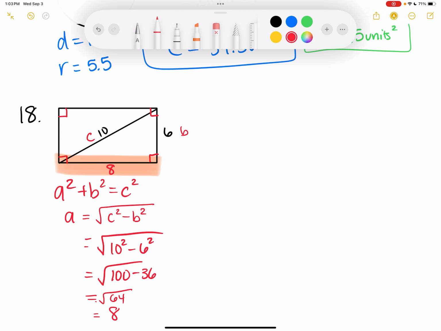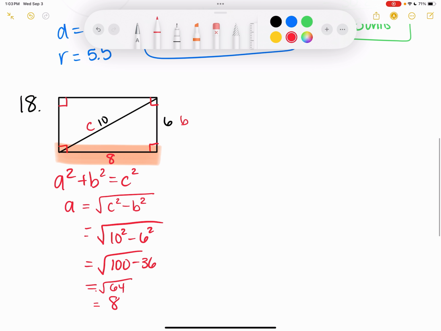All right, so this side's 8. So now I have enough stuff to find the perimeter of my rectangle. So perimeter is going to be 2L plus 2W. So 2 times 8. And again, if you swap the 8 and the 6, as far as swapping length and width, it does not change your answer.